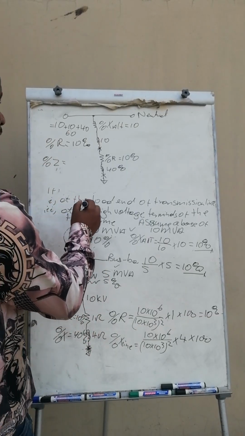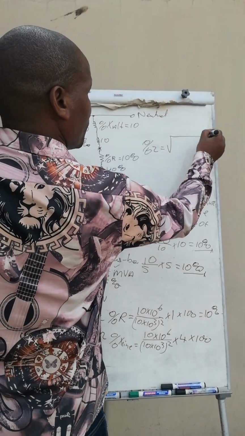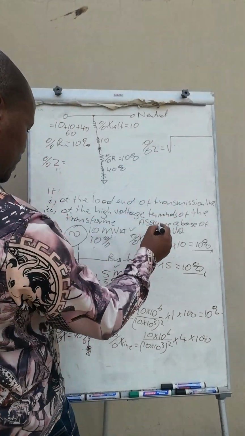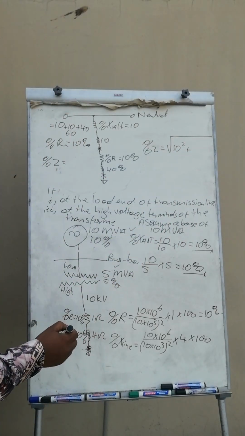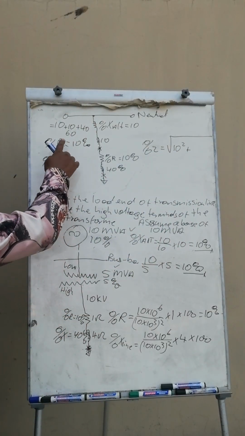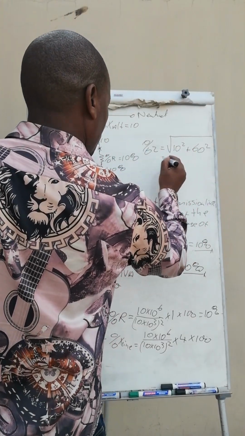And what is the impedance? Percentage impedance is equal to the phasor sum of percentage R, which is 10 squared, plus percentage X. How much is X? It's 60 squared.